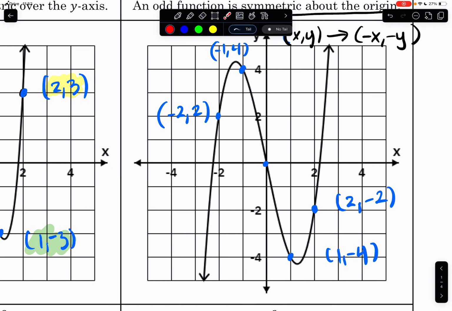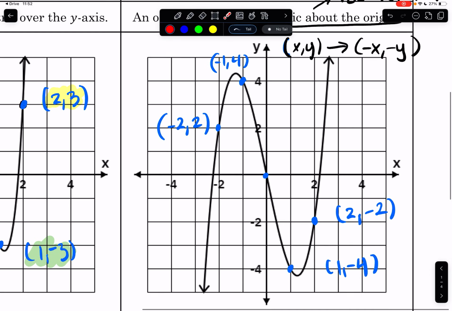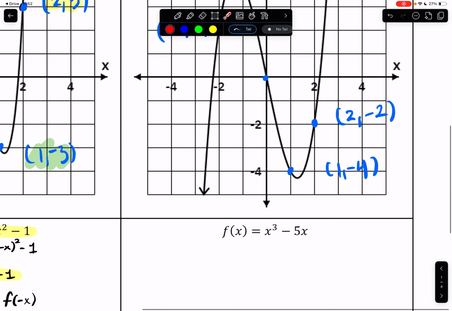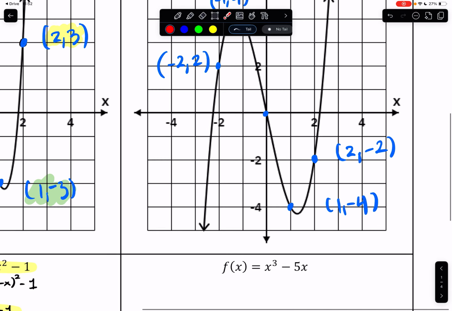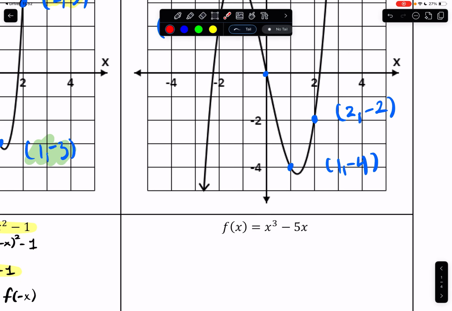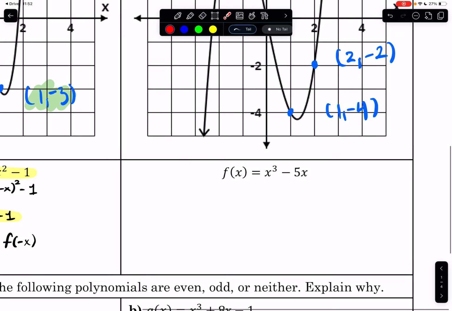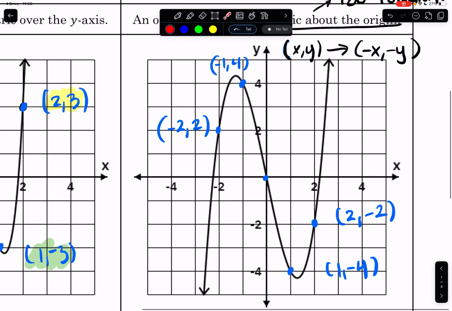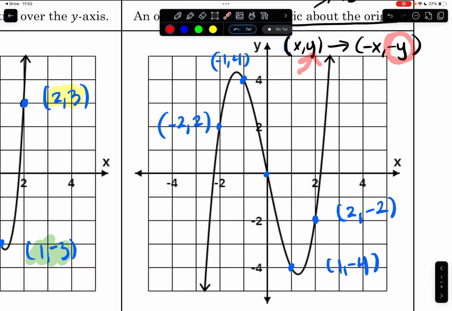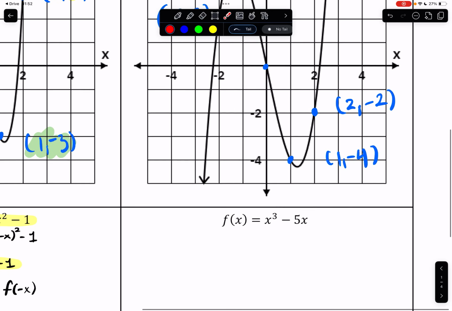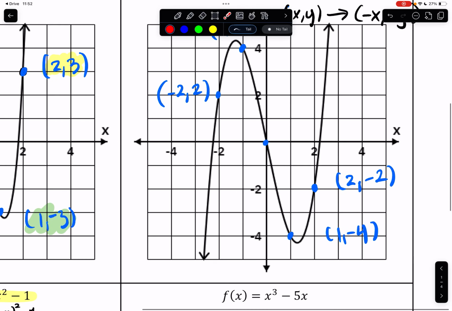And how does that correlate to proving that a function is an odd function? Well, we use the same idea: if I plug in the opposite x value, I should end up with the opposite y value.